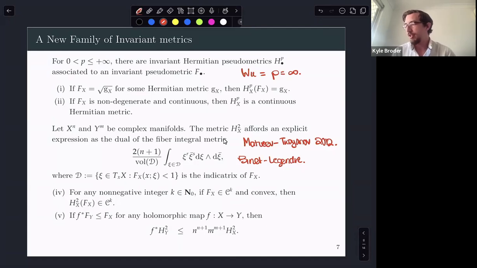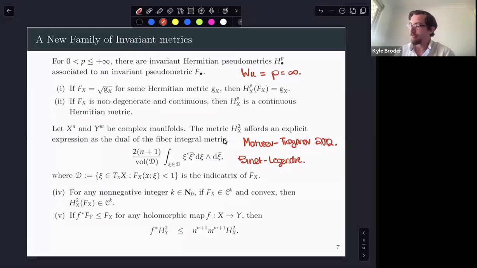Now, some nice properties of this: if you were to start with a Hermitian metric to begin with, then this construction doesn't change anything because you already have an ellipsoid. If you are non-degenerate and continuous, then you have a continuous Hermitian metric for every p. But the main point is that for p equals 2, you have a very explicit construction.